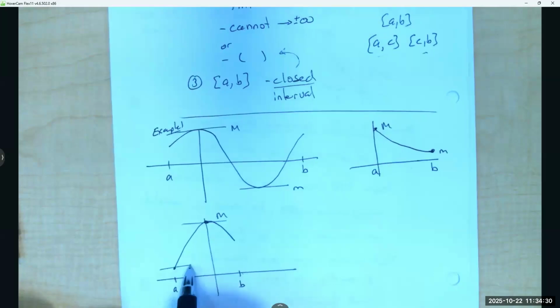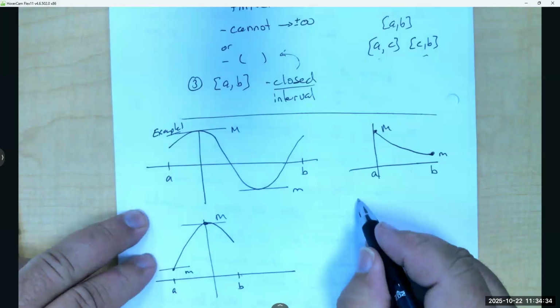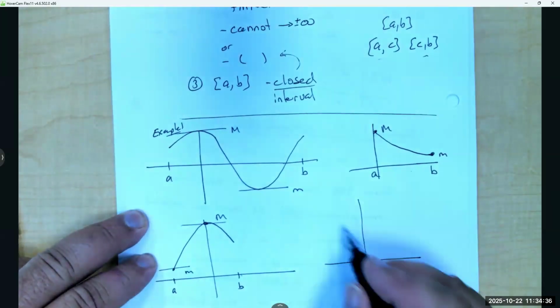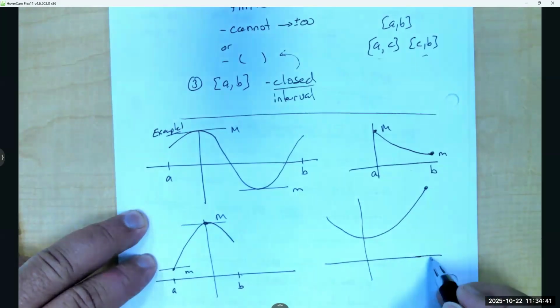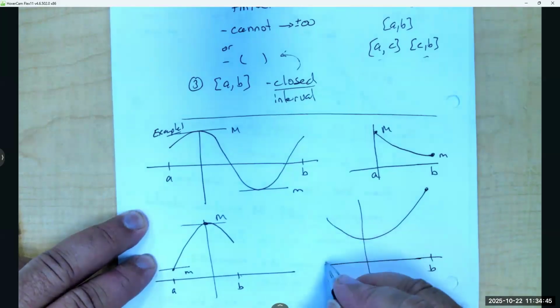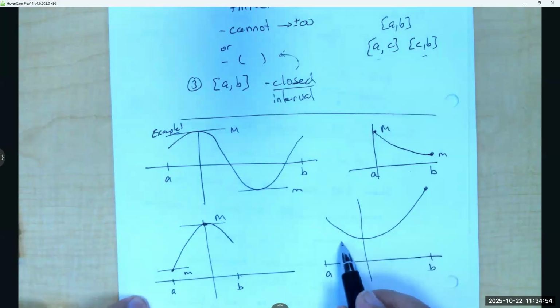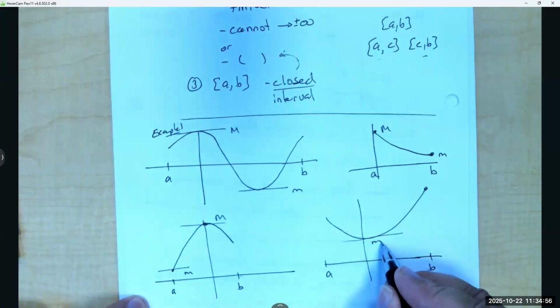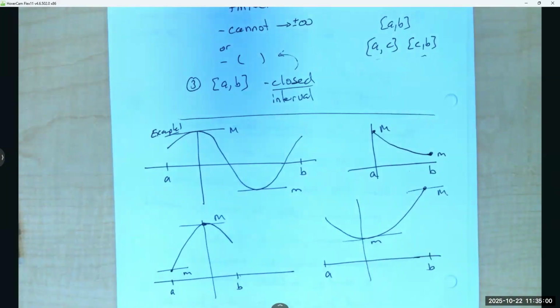Yeah, this is the lowest point, so that's my minimum. Here, we obviously have a minimum down here. Here we have a maxima there at the endpoint.